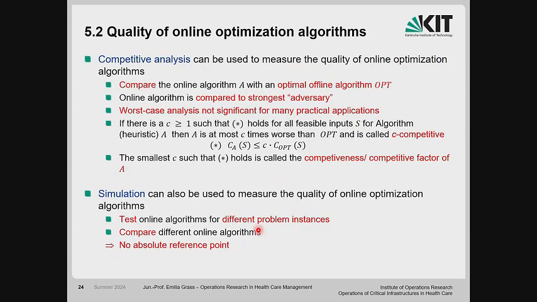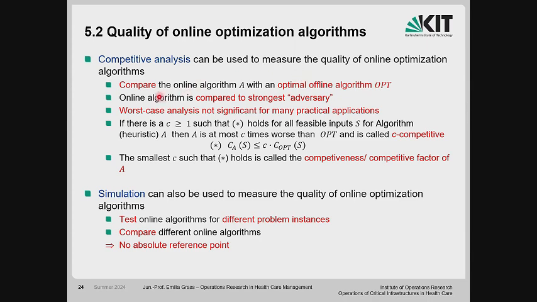And the same for the online algorithm, we also have to understand its quality. The basic idea is the same. We compare the online algorithm with the optimal offline algorithm, which means what if we would know everything. If we would know the demand beforehand, then compare that.